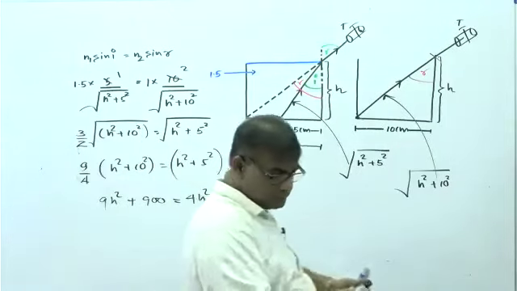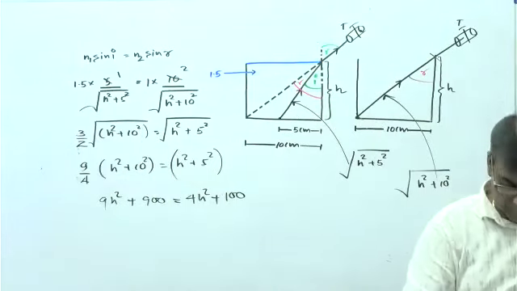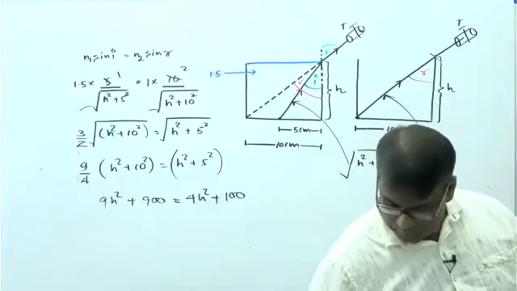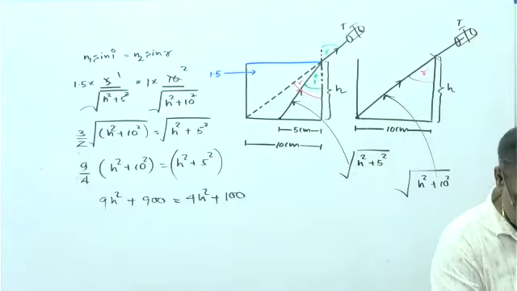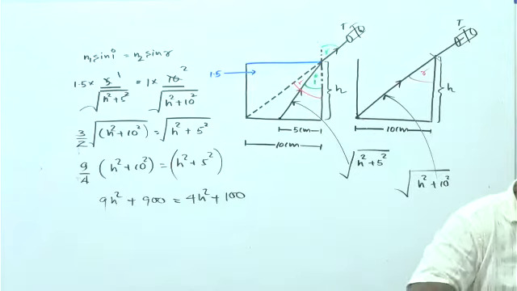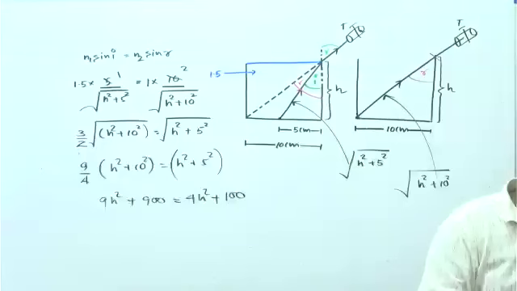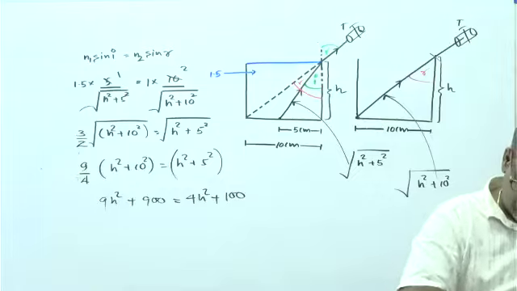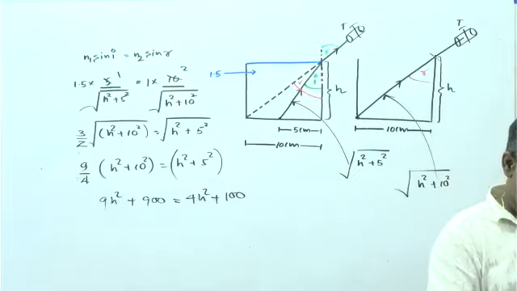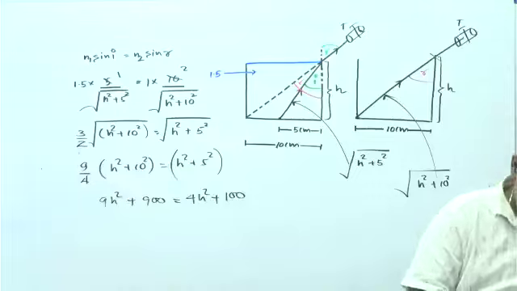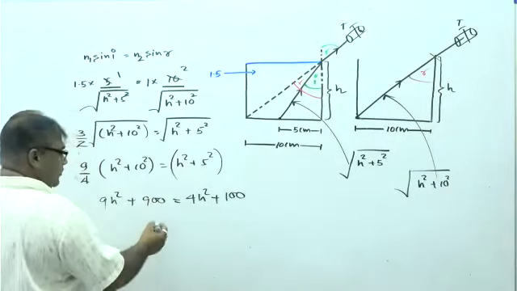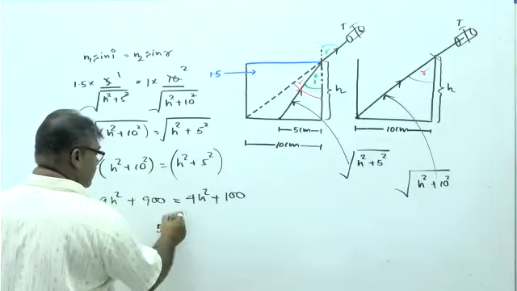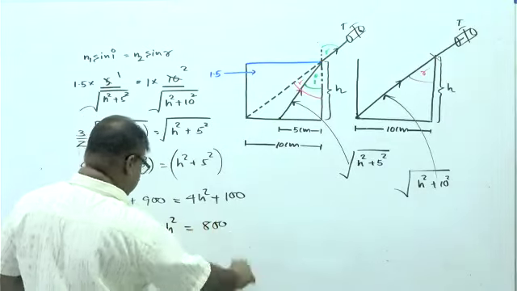Can you simplify this one? 9 minus 4, 5h squared equals 800, right?